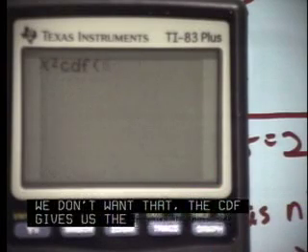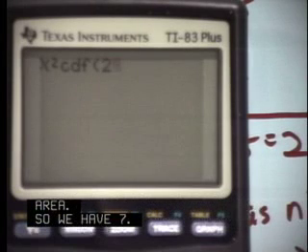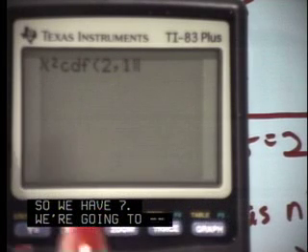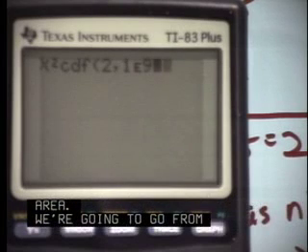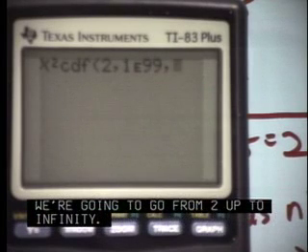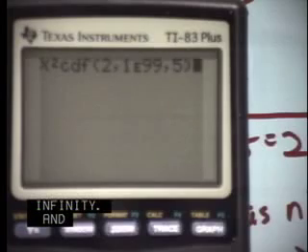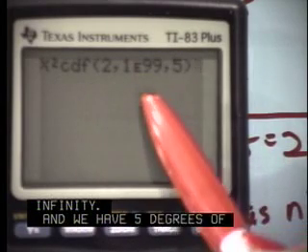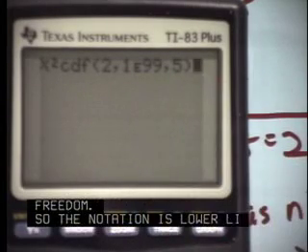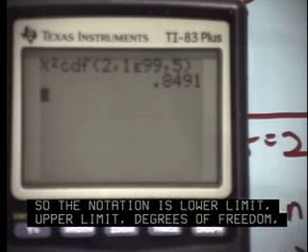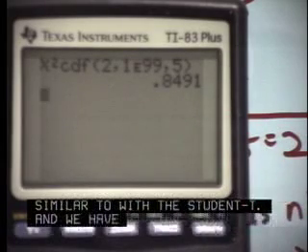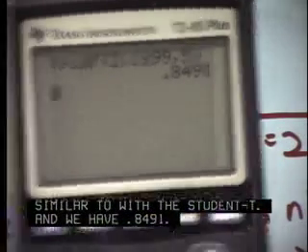So we have 7. We're going to go from 2 up to infinity, and we have 5 degrees of freedom. So the notation is lower limit, upper limit, degrees of freedom, similar to the student t. And we have 0.8491. That's our p-value.